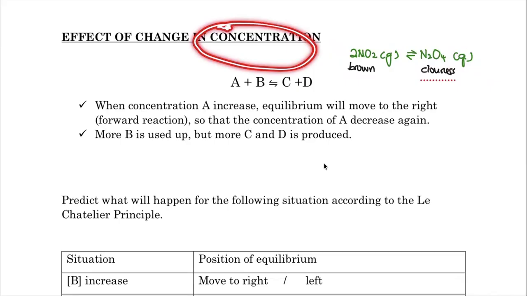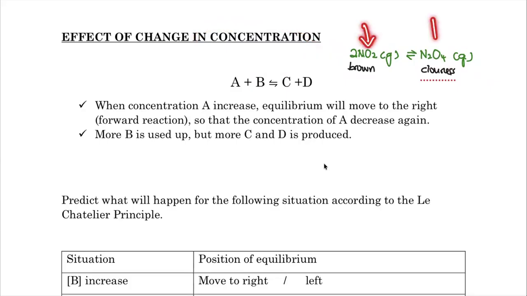So the simple rule you need to remember is, if I add something, I can add here, I can add there, it depends, the equilibrium will shift to reduce the effect. That is number one, if I add something. If I remove something, take this away, the equilibrium will shift to remove the effect also. Okay, give you one example.